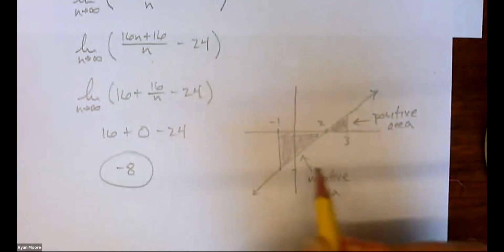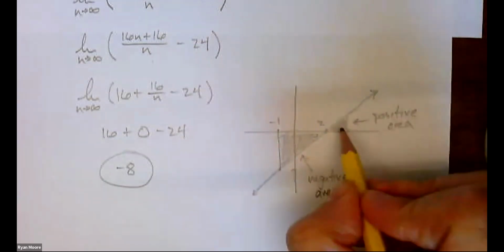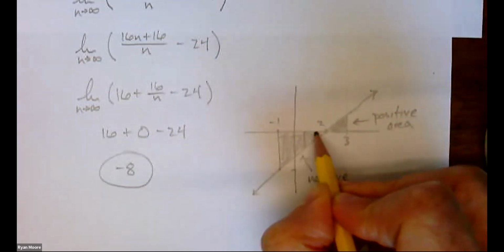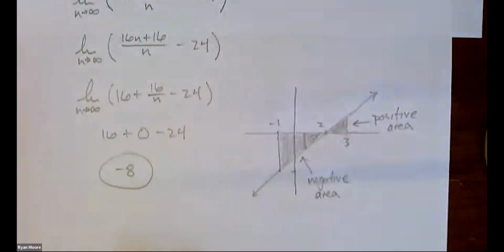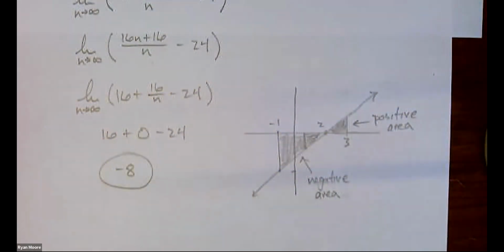Let's see. I don't know the base and the height of them, but that wouldn't be too hard to figure out. But I think, yes, some of this triangle is going to cancel out like that much, and then the rest of it's going to be -8. Interesting. Now we like to do the calculus. We wanted to practice that, of course.